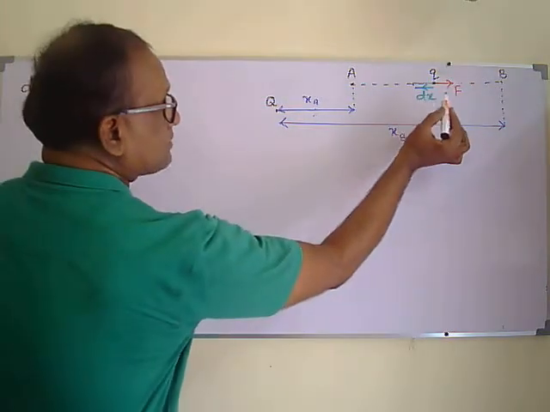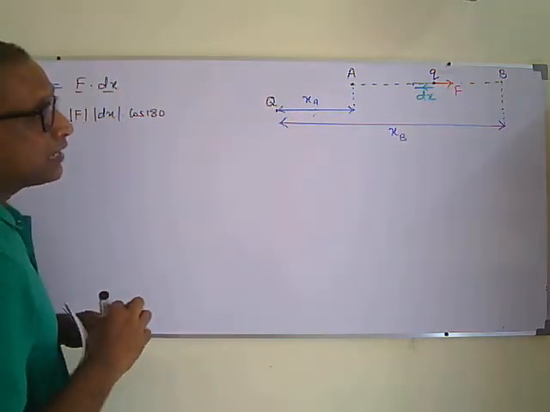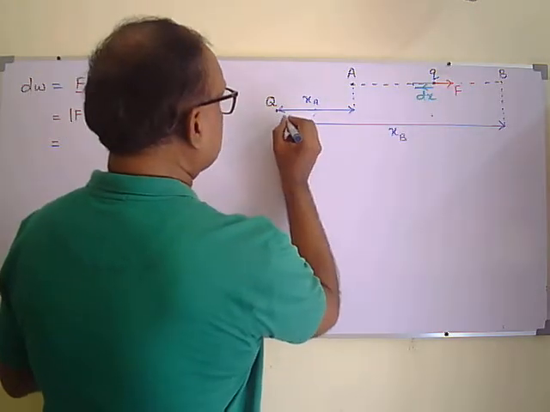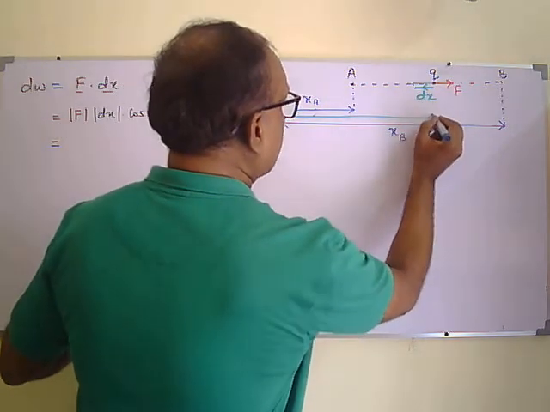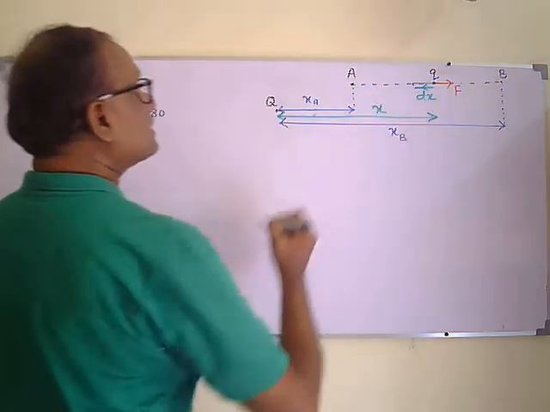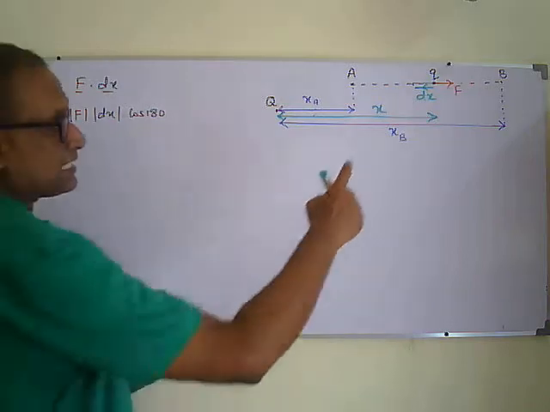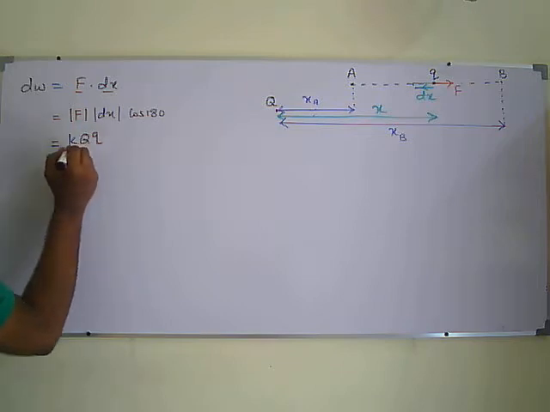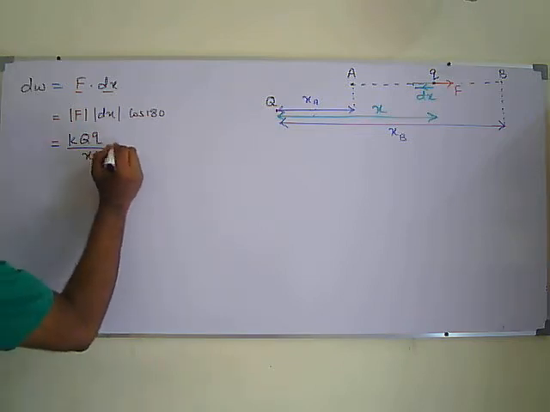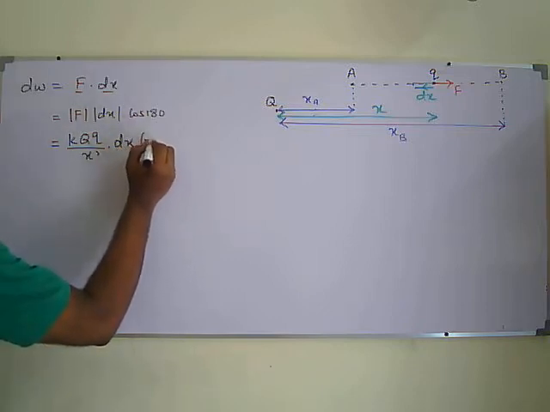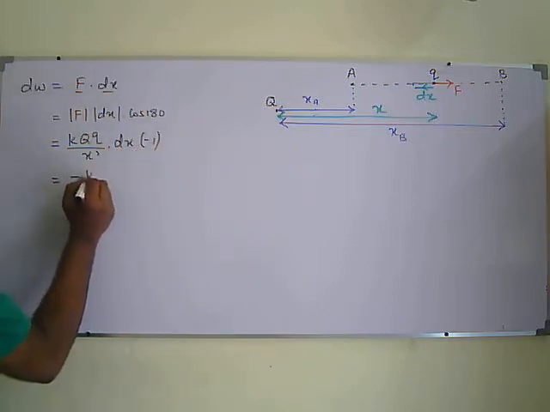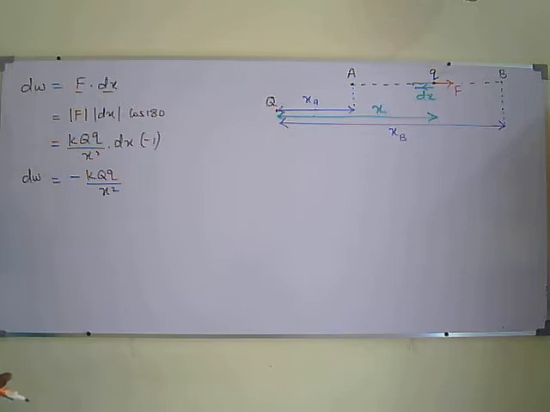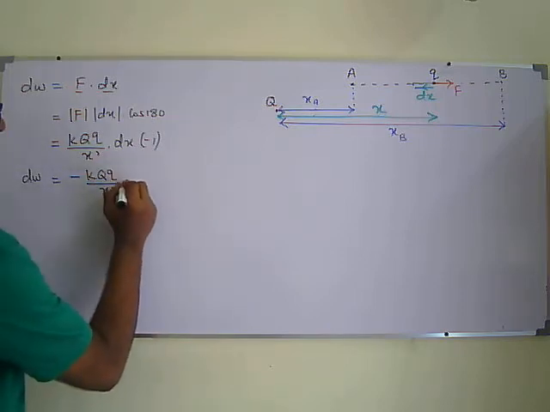According to Coulomb's law, at this position, I can take the distance of charge q from charge Q as x. So the force F when it is at this position is kQq over x squared, into dx cos 180, that is minus 1. So that is going to be dW equal to minus kQq over x squared into dx.